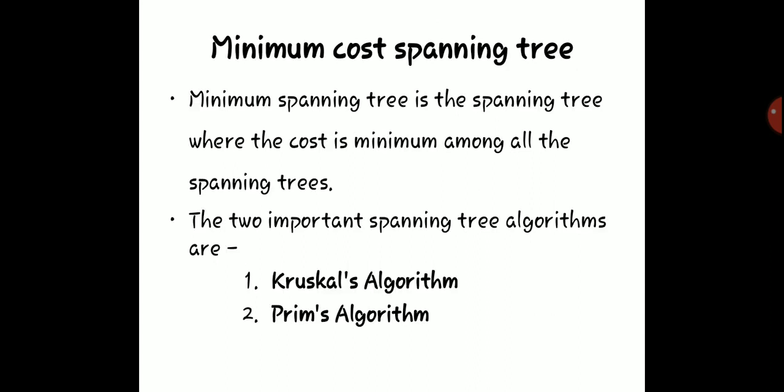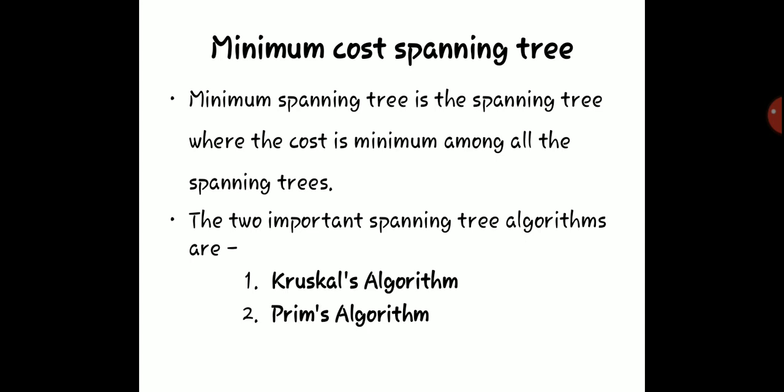Now we see how the minimum cost spanning tree is formed, right? First of all, for forming a spanning tree we can follow 2 methods. Generally we follow 2 methods: picking up the edges and constructing the spanning tree, and picking up the vertices and constructing a spanning tree. Both ways we can construct a spanning tree out of the given graph, right?